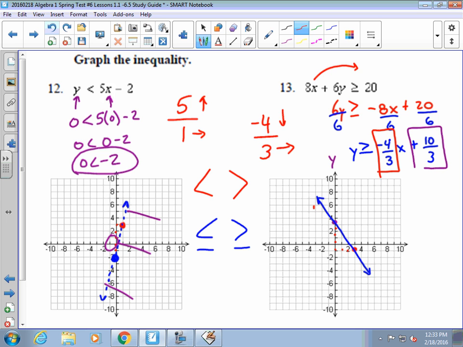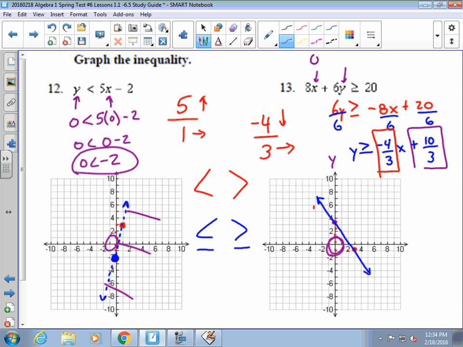Remember, when you're plugging it in, you want to try to go back to your original sentence, 8x plus 6y is greater than or equal to 20, just in case you made a mistake when you were converting it. So as long as 0, 0 doesn't fall on the line itself, and in this case the origin does not fall on it, we can use those numbers, 0 in place of x and 0 in place of y.